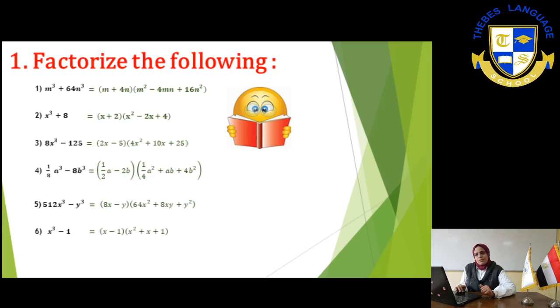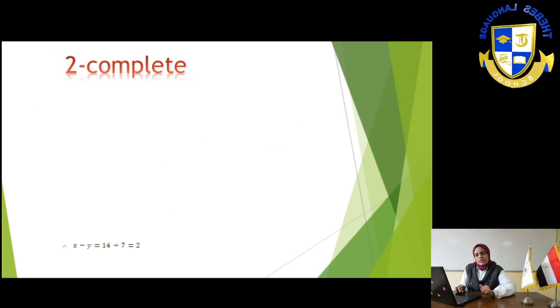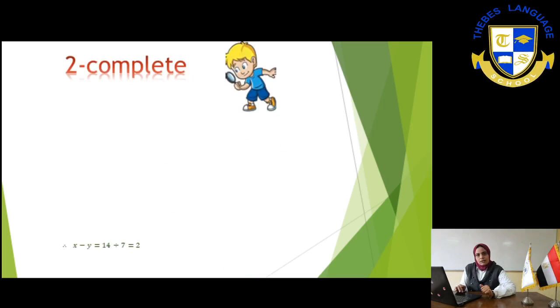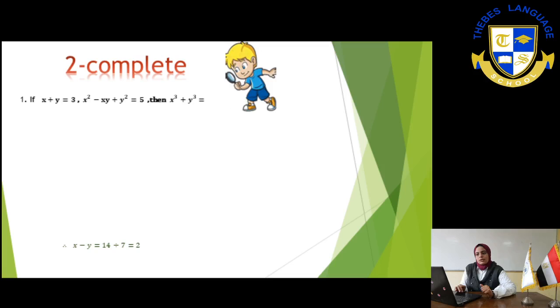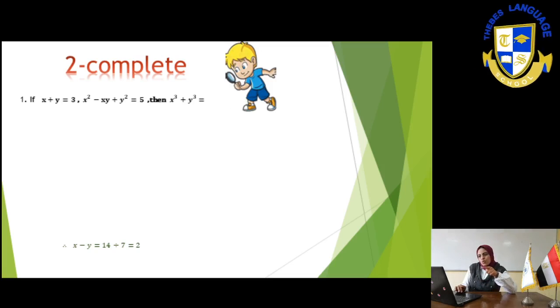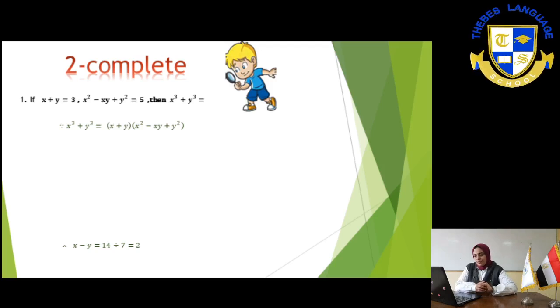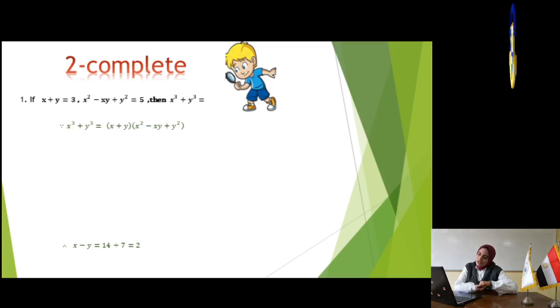If x plus y equals 3 and x power 2 minus xy plus y power 2 equals 5, then what is x to the power 3 plus y to the power 3?